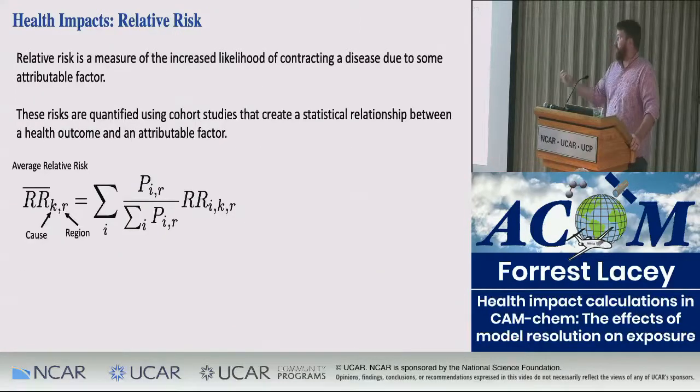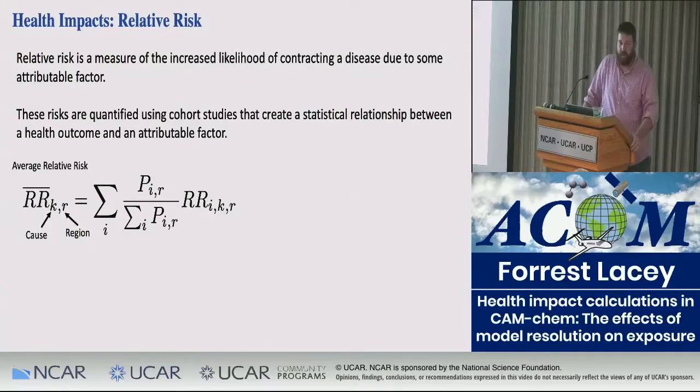And that leads to the final term, which is relative risk. And relative risk is a measure of the increased likelihood of contracting a specific disease outcome due to some attributable factor. So in general, this could be anything.